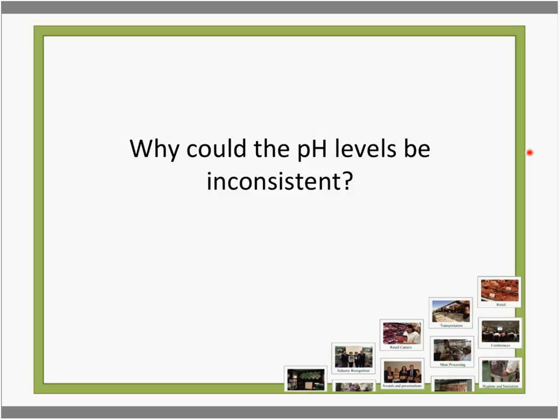Everyone can take their phones off mute now and answer my questions, hopefully. Inconsistency in glycogen levels within the mob. Does anyone else have any other suggestions?